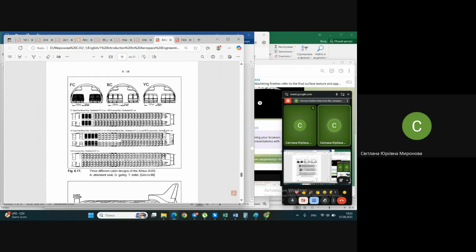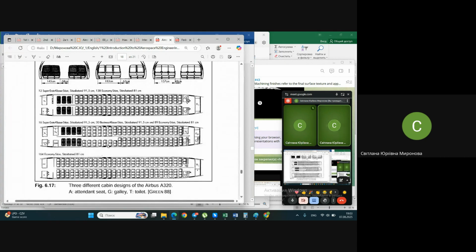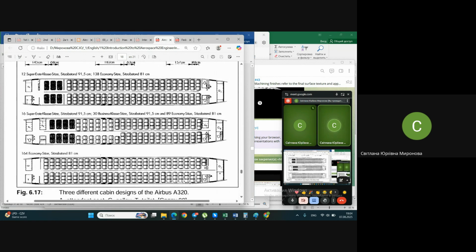Once again, people, you see different layouts of the same airplane. Pay attention, it's the same airplane, three different cabin designs of the Airbus 380. And certainly it's visible that a quite different number of people will be inside. You may compare the distance between rows here and, for instance, in this place.